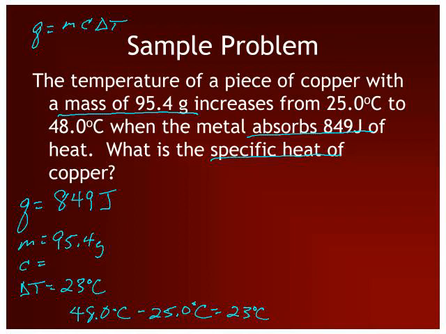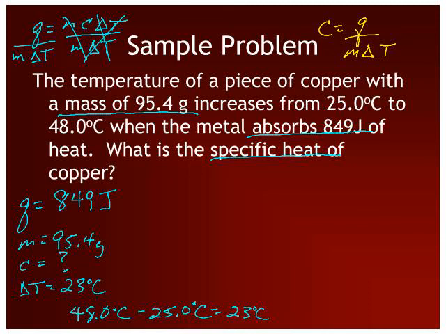And the question asks for specific heat. So this time we're looking for C. So I've written the formula up above, but we're looking to solve for C. That means we need to get C by itself. So I want to divide by M delta T. And then here the M's will cancel out, and here the delta T's will cancel out, and I will be left with C is equal to Q over M delta T. So that's what I'm going to solve.